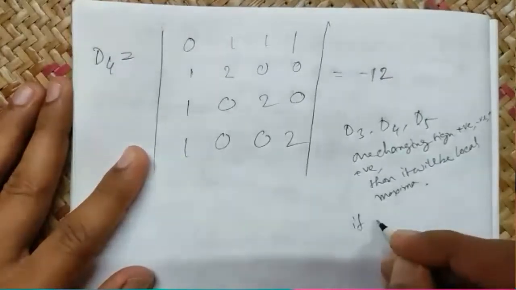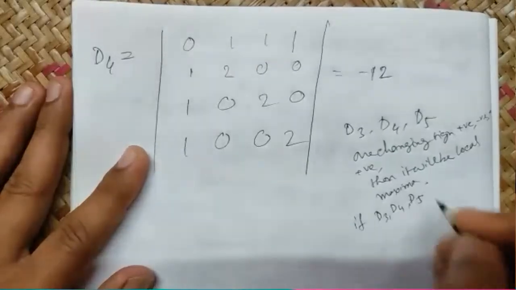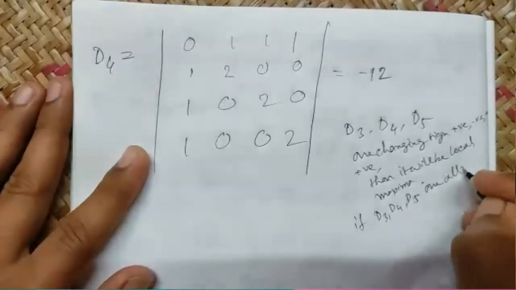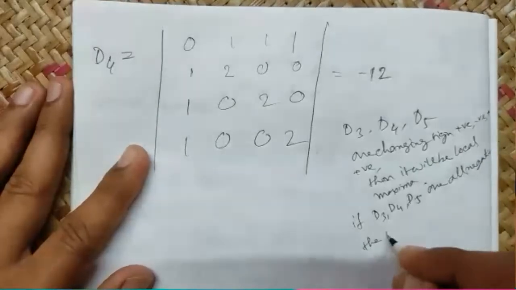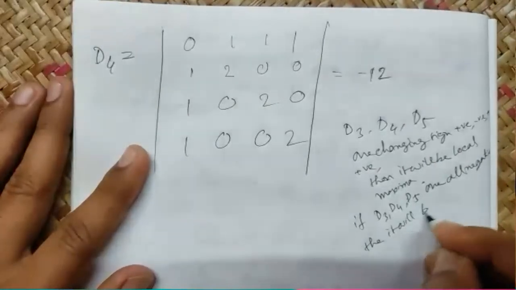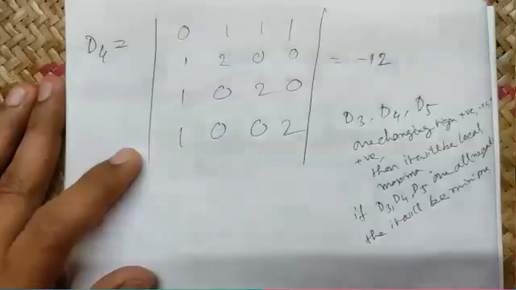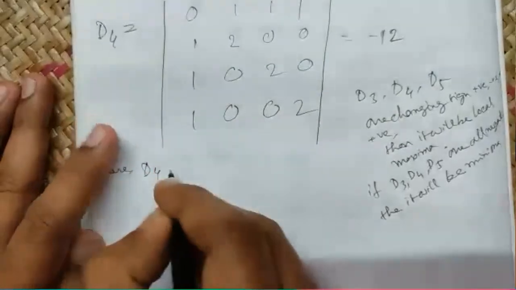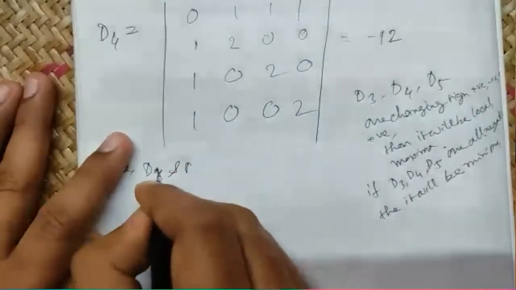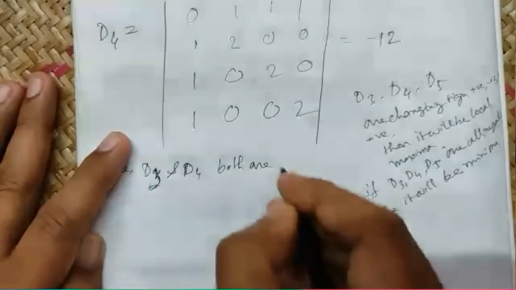If D3, D4, D5 are all negative, then it will be minima. So here D3 and D4 both are negative.